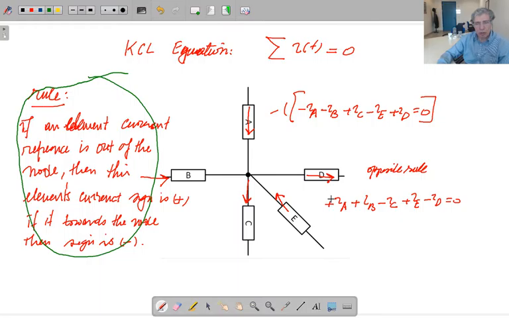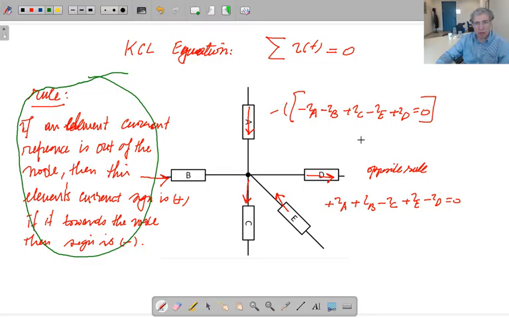So, in conclusion, in order to write the Kirchhoff current law equation for a node, we have to choose the element current references randomly and then use the rule to write the equation. Pay attention to how you can check yourself whether that equation is written correctly or not. The number of elements is one thing you can check.